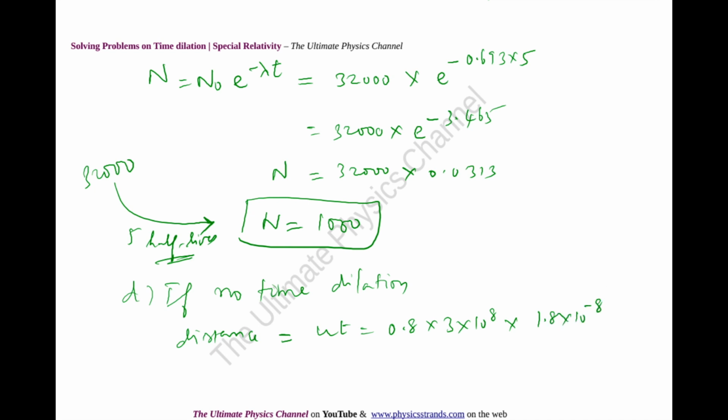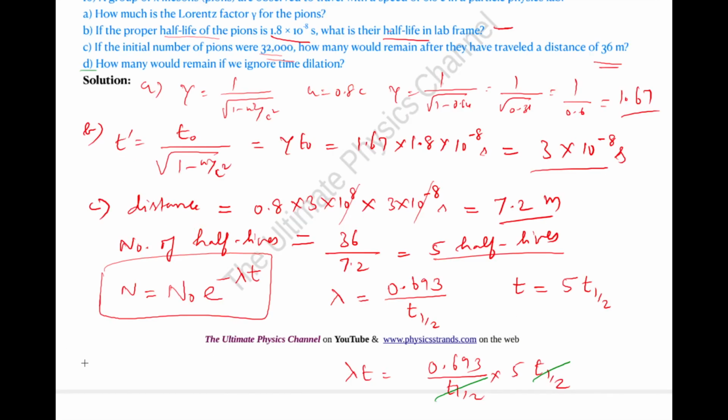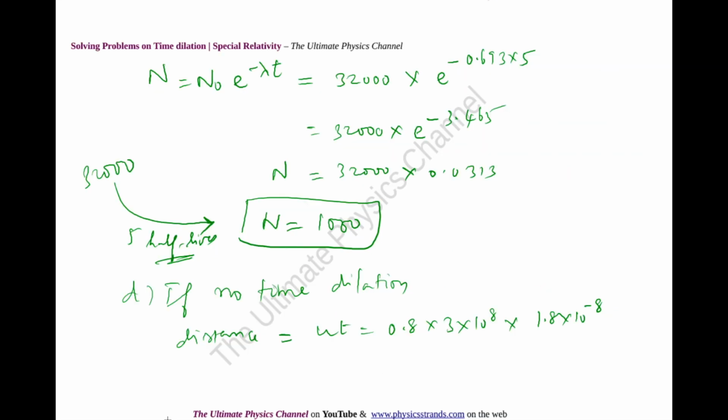Please recollect that in the original calculation we used ut prime for distance, with the time t prime which we calculated, and we ended up getting 7.2 meters. But now we are using whatever is given in the question as the lifetime of pions in its own reference frame. So that is ut. If we calculate the distance here, we end up getting only 4.32 meters.